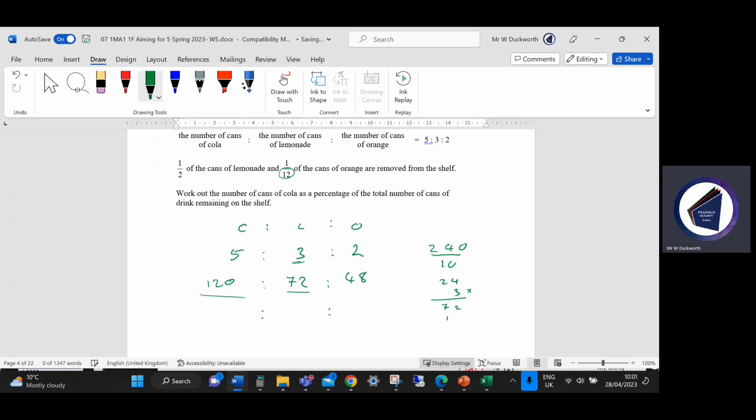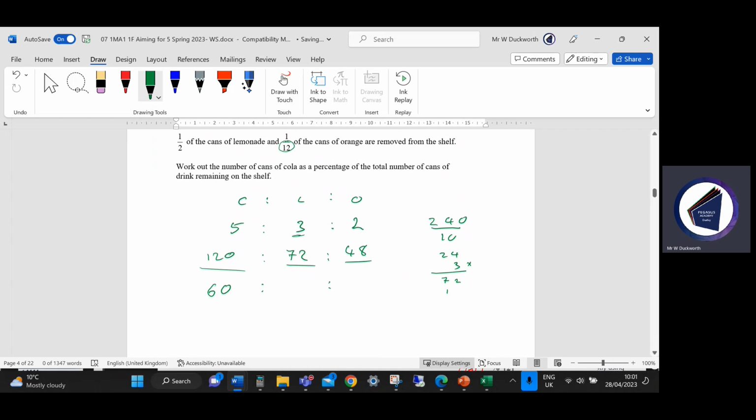And then the information: half the lemonade is taken, so we've now got 60 lemonade. 1/12 of the cans. If I divide that by 12, I'd get 6. So we've got 6 less, so that would be 56.